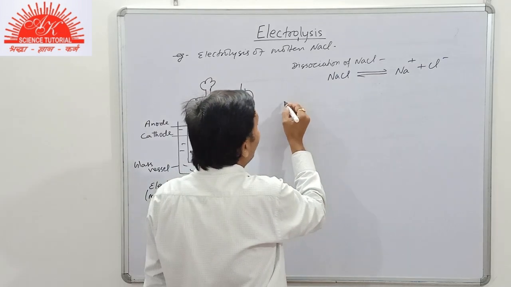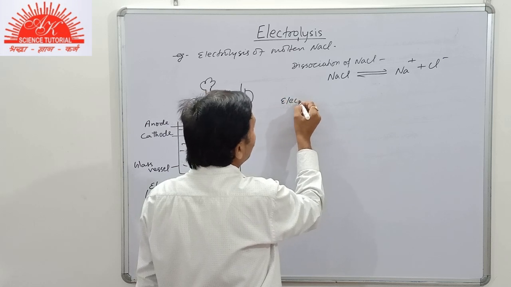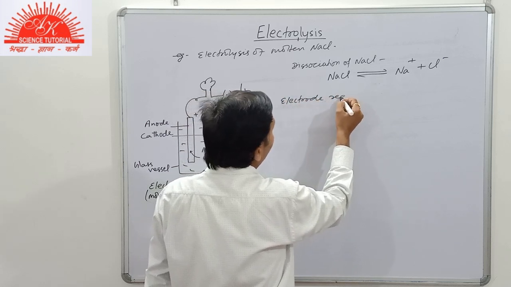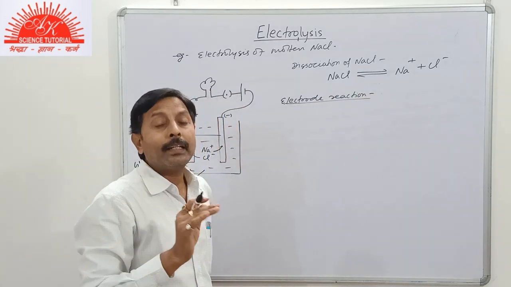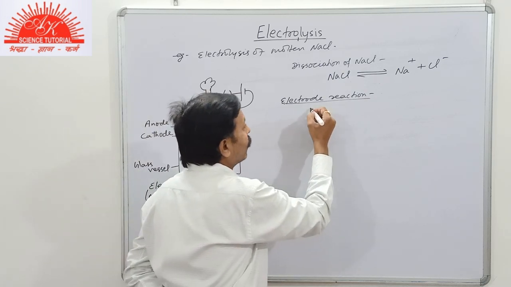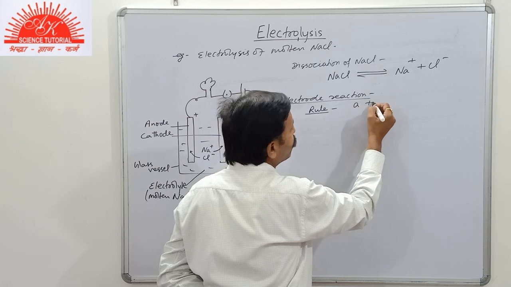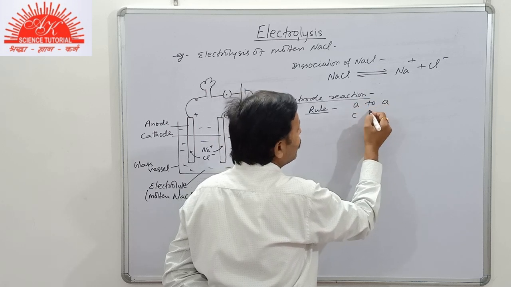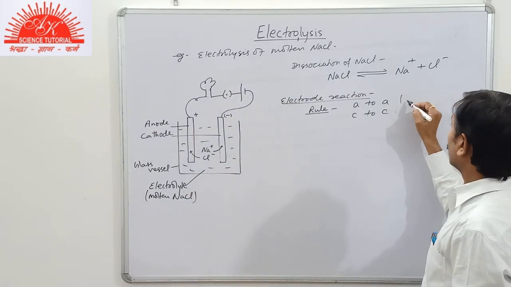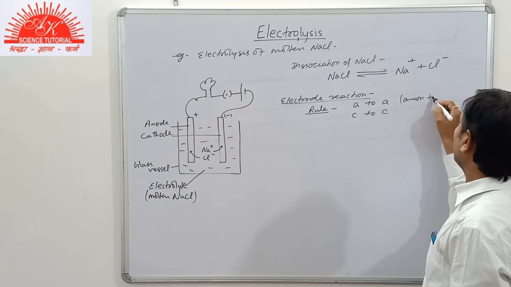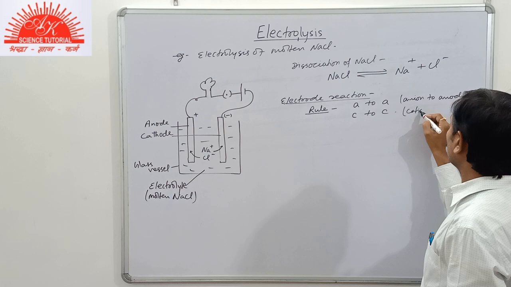So when we write the discharging of ions, that is the electrode reaction, what happens here? There is a simple rule of electrolysis. The rule is A to A and C to C, meaning anion to anode and cation to cathode.